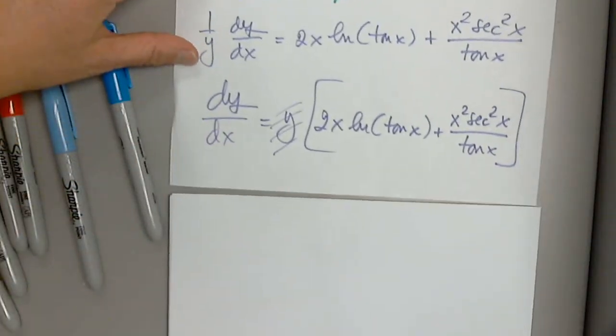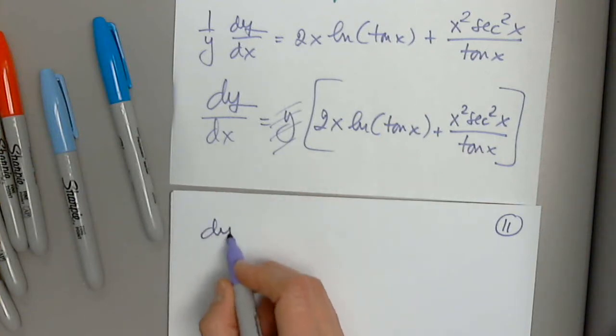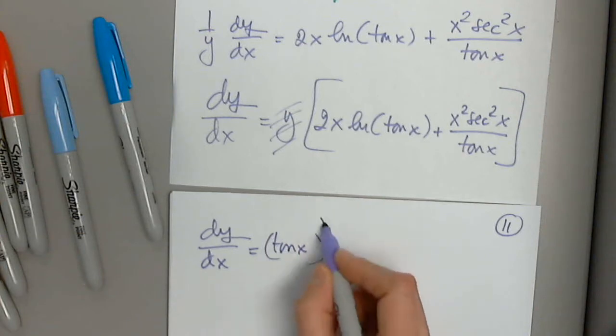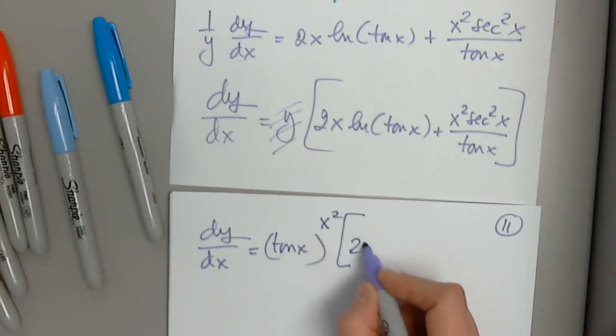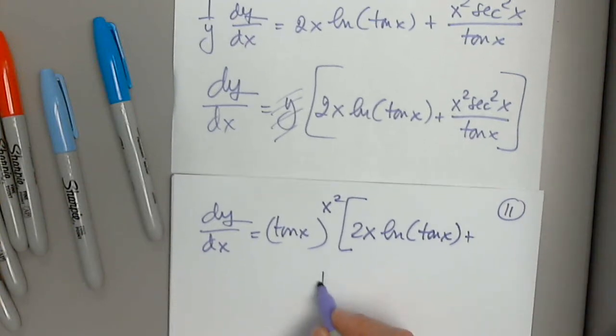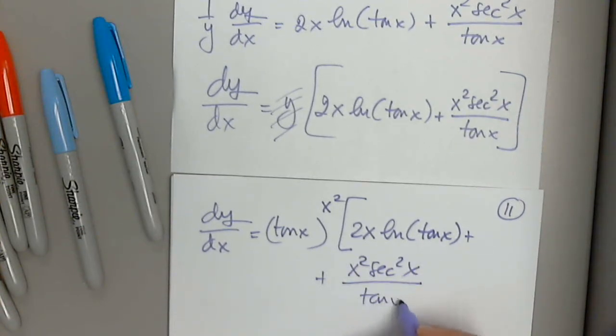And then I copy the same thing one more time, replacing y by what we were given initially, which is tangent x raised to x squared, times 2x natural log tangent x plus x squared secant squared over tangent x.